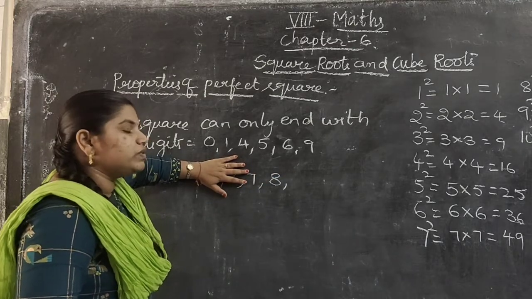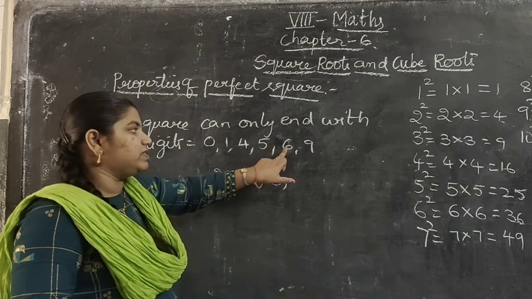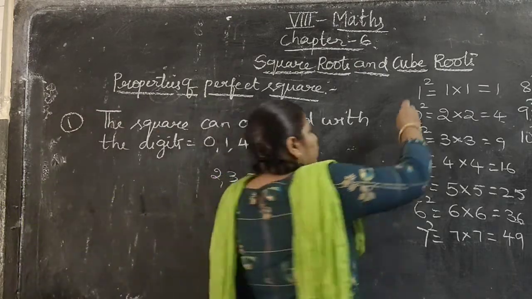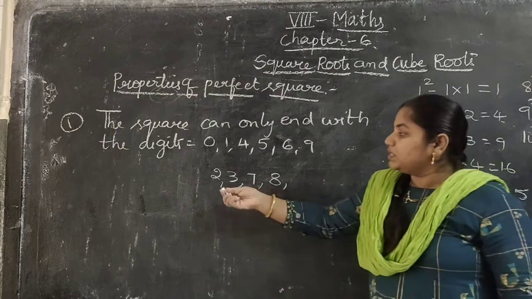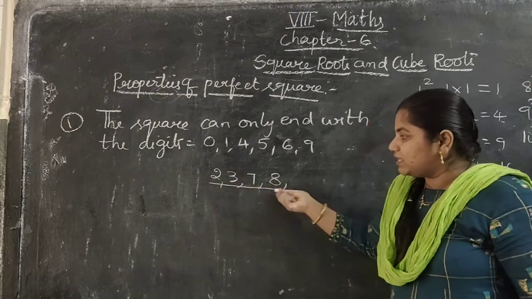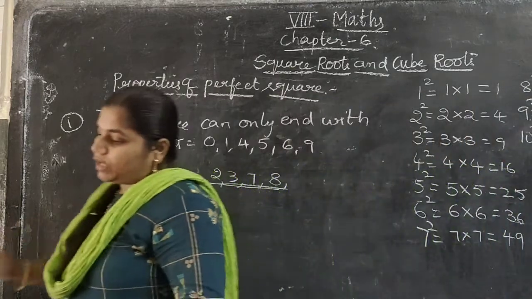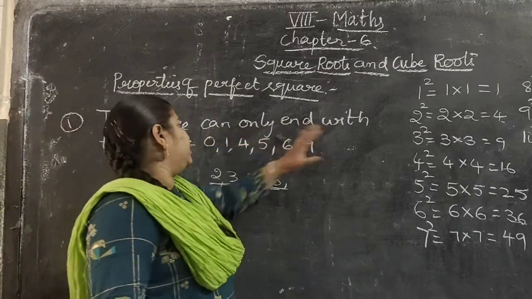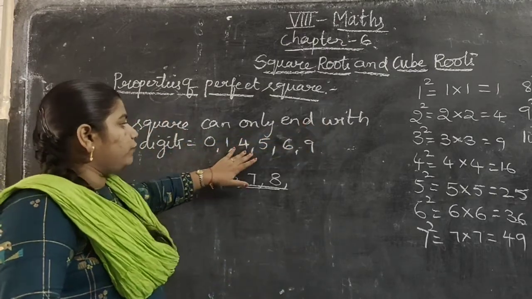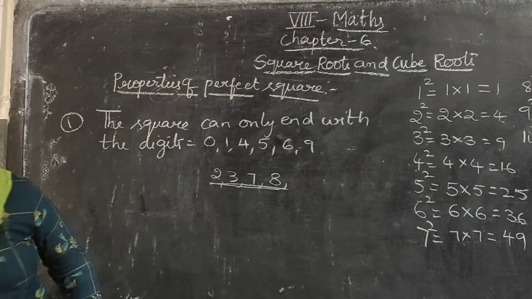Always the perfect squares will have the units place only 0, 1, 4, 5, 6 and 9, because in this set we see only these 6 different digits. So this is the first property: the square number can only end with the digits 0, 1, 4, 5, 6 and 9.